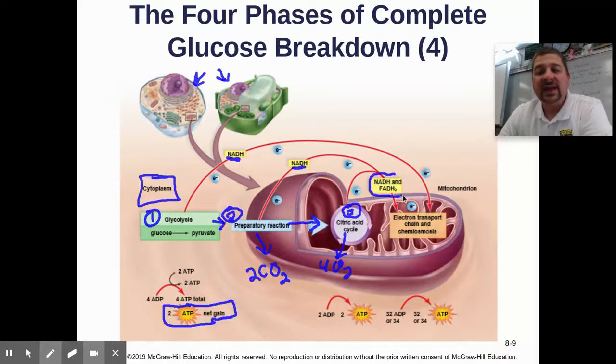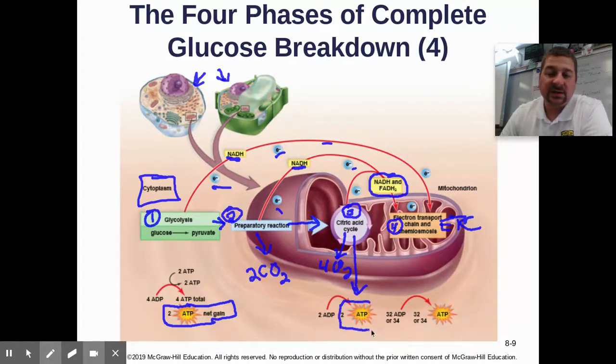So you're going to make a lot of NADH and FADH2. See these little electrons. All these electrons are coming over here to step 4, the electron transport chain, or the ETC. That's happening on the cristae membrane, chemiosmotic phosphorylation. Actually, during the Krebs cycle, you're going to directly make 2 ATP by substrate level phosphorylation.